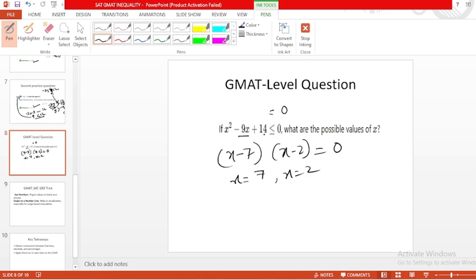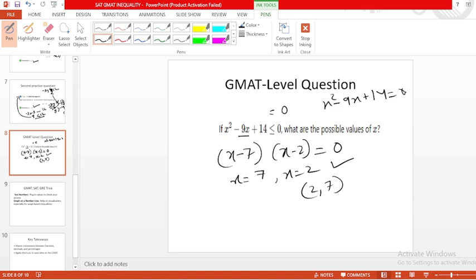The quadratic equation x square minus 9x plus 14 equals 0 is satisfied if you put 2 or 7, you get 0, which is the right hand side. So this is the solution set of the quadratic equation.